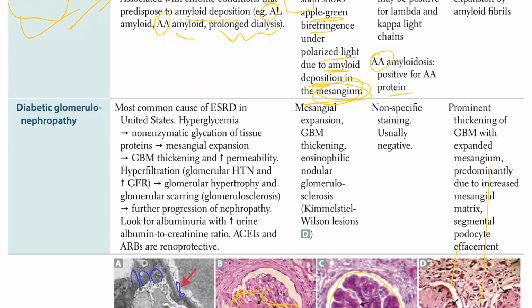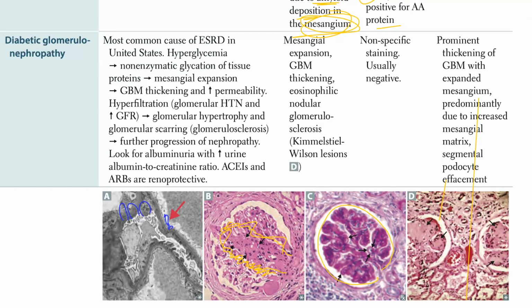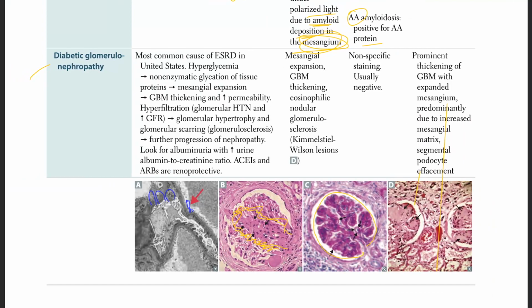Let's talk about a very important topic, which is diabetic glomerulonephropathy. It's the most common cause of end-stage renal disease in the United States.